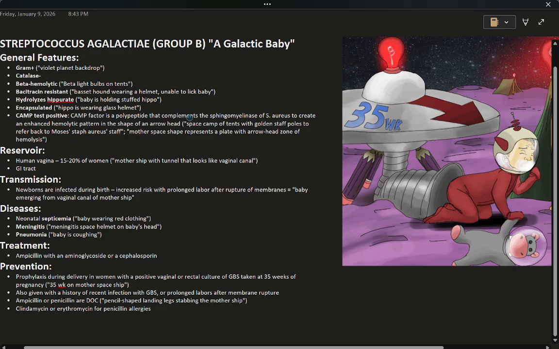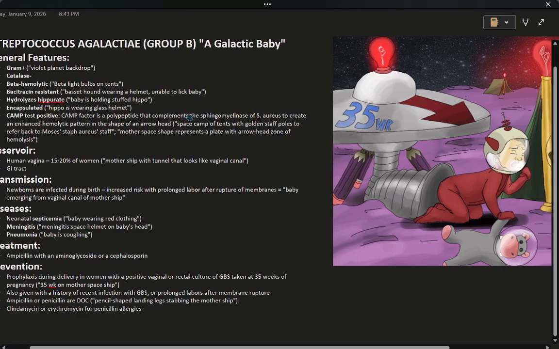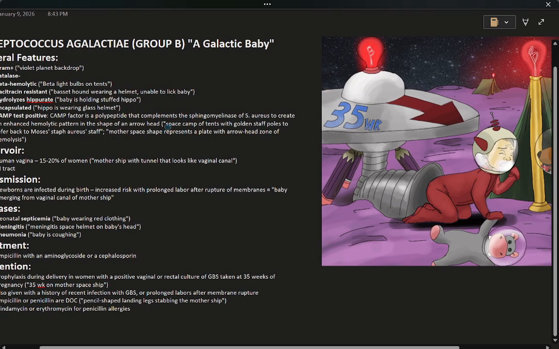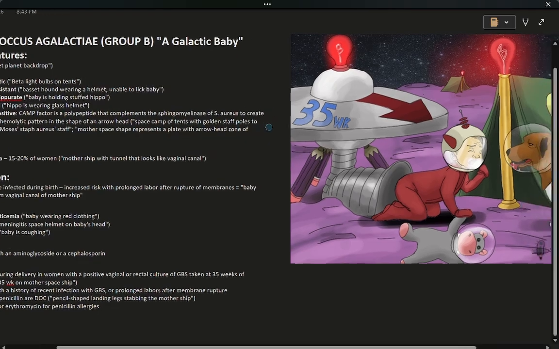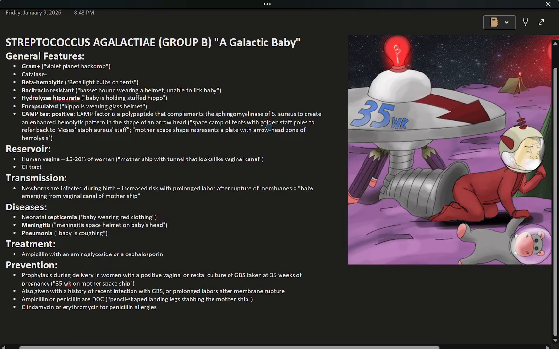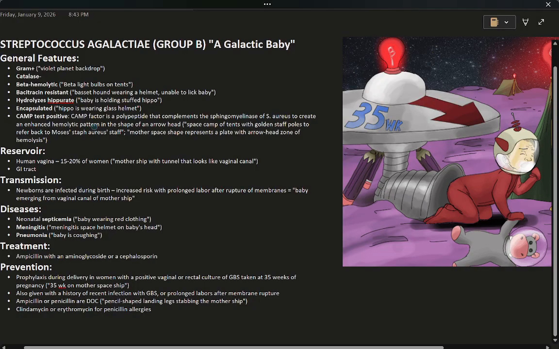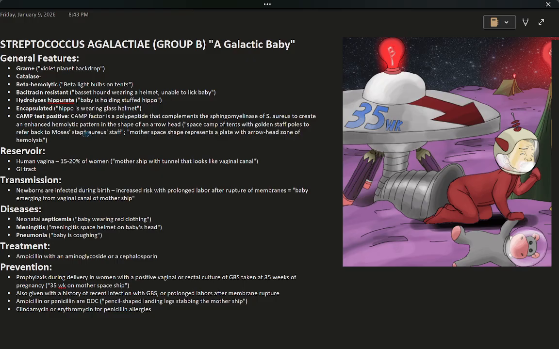And so this is going to be symbolized by the space camp of tents with golden staff poles to refer back to Moses' staff, aureus staff. You can check out my other video about the Staphylococcus aureus to have a better understanding of what this means.